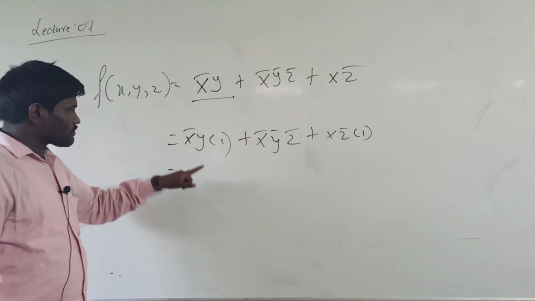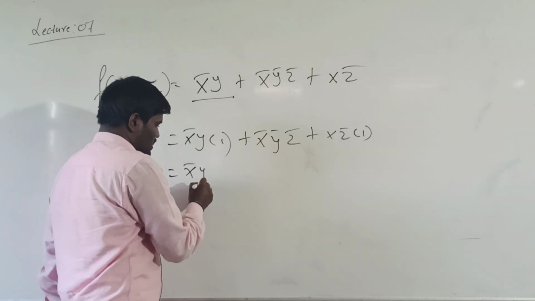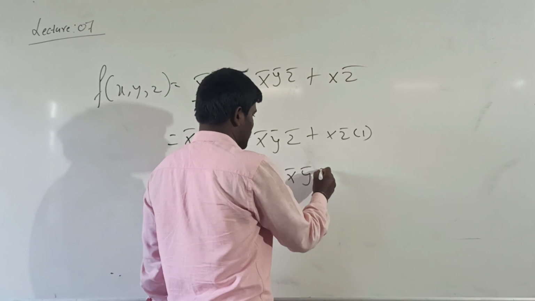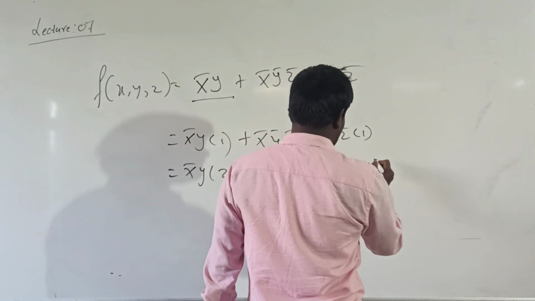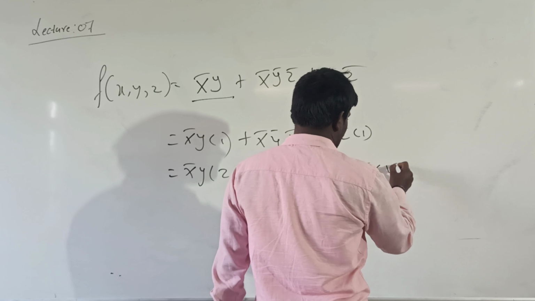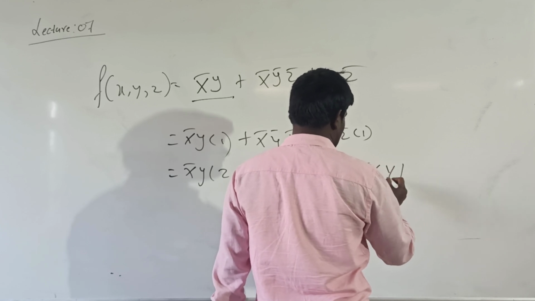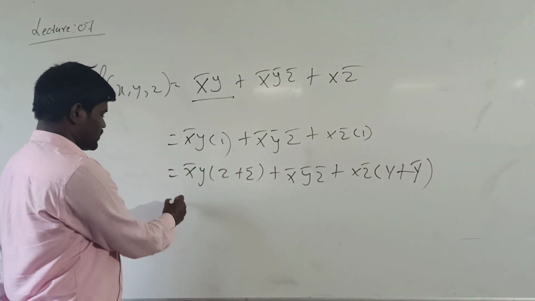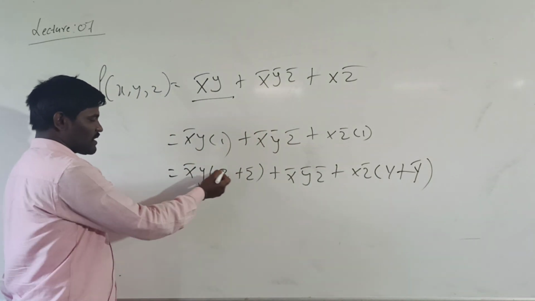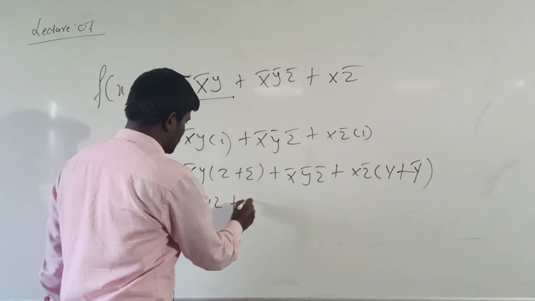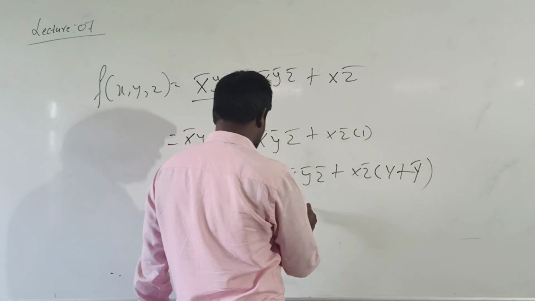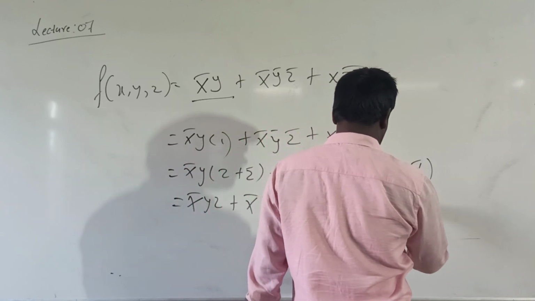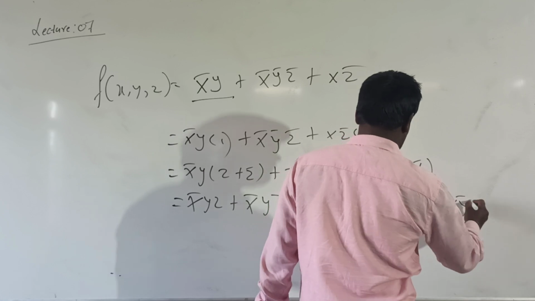Instead of 1 I have to write z plus z bar, plus x bar y bar z bar as it is. Here y is missing in x z bar, so instead of 1 I write y plus y bar. Now we multiply: x bar y z plus x bar y z bar plus x bar y bar z bar plus x y z bar plus x y bar z bar.